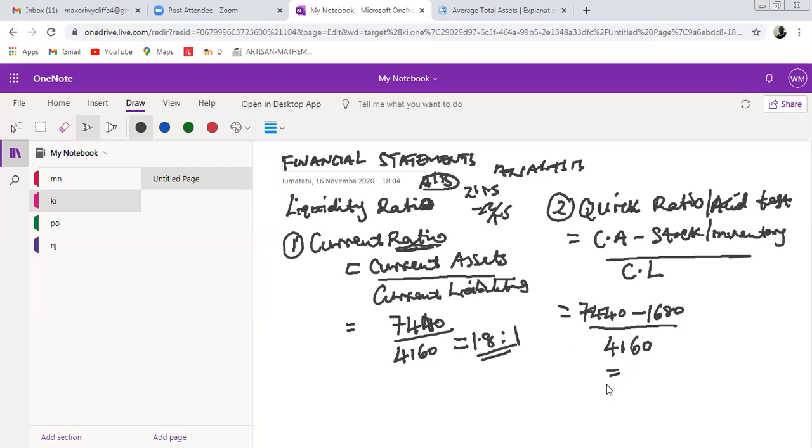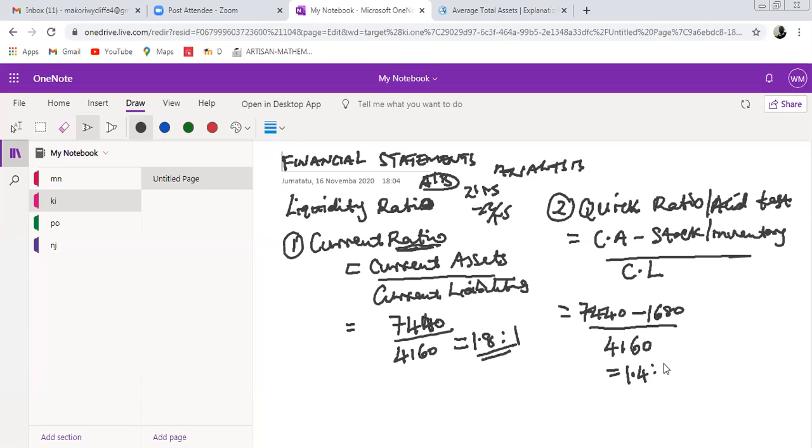What do you get there? 1.385, 1.38, which is the same as 1.4.